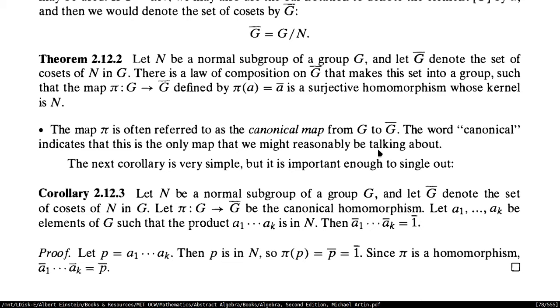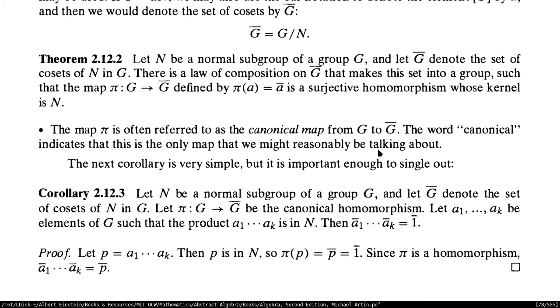So lemma 2.12.8. You would have a group and a set Y with a law of composition, and in both the group and the set you have the multiplicative notation.